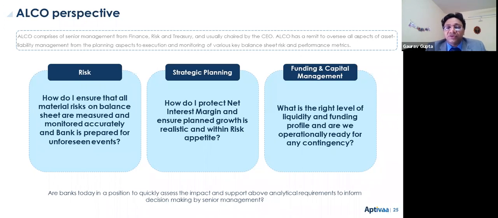So whether we take it from a risk perspective, strategic planning, or funding and capital management, liquidity risk is embedded in all three. Liquidity risk is not something which is treated separately or completely isolated. It is involved in each and every aspect of capital management and interest rate risk management, because every transaction in a bank has some inflow and outflow associated with it.